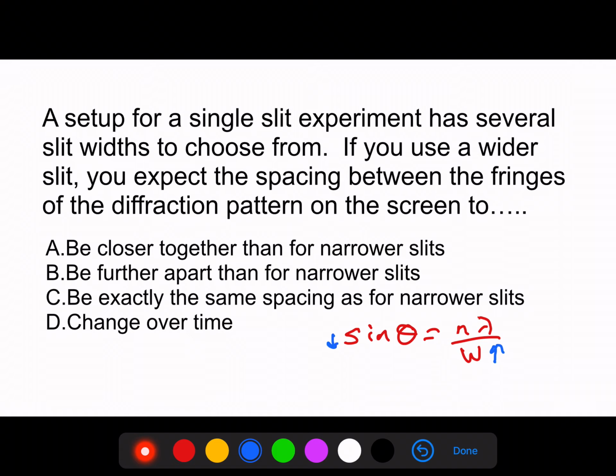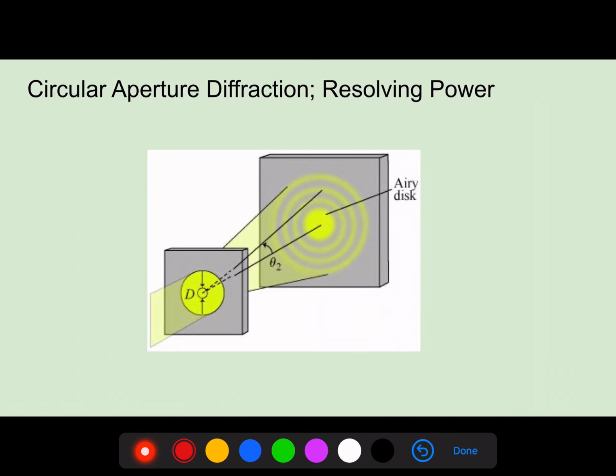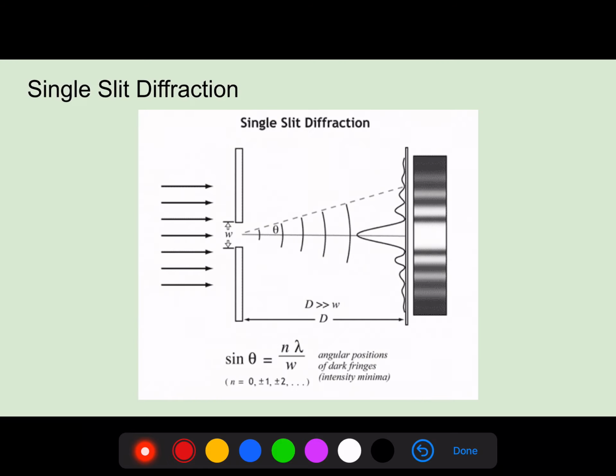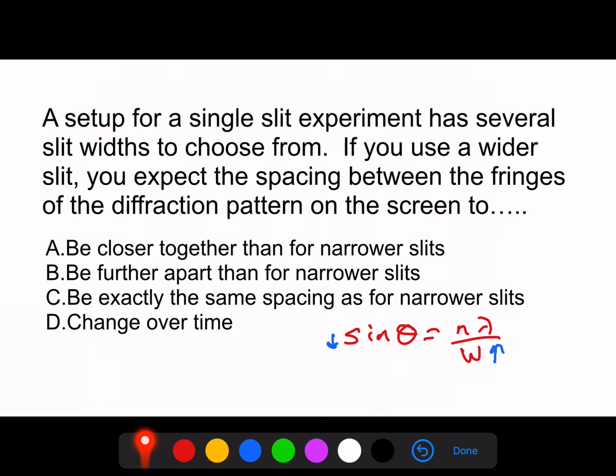So the wider the slit, the closer together these dark fringes will be. They will be closer and closer together until, if you make the slit wide enough, you're not really producing any diffraction at all, and you're just projecting light onto some screen.